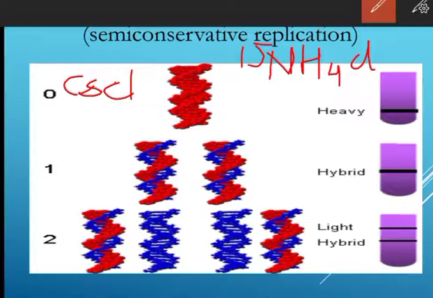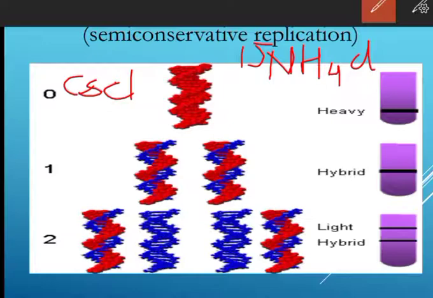The DNA obtained from the culture after another generation, that is the second generation, was composed of equal amounts of hybrid DNA and light DNA, as you can see in the diagram.